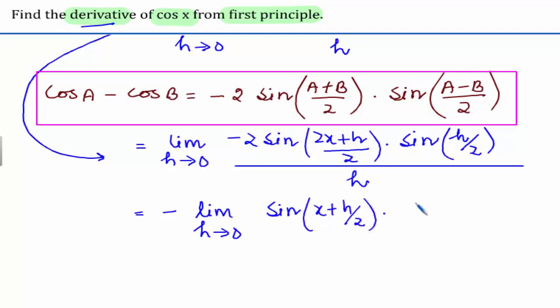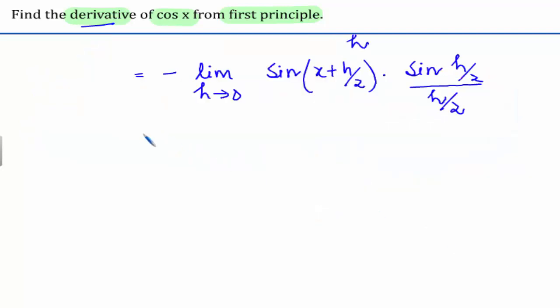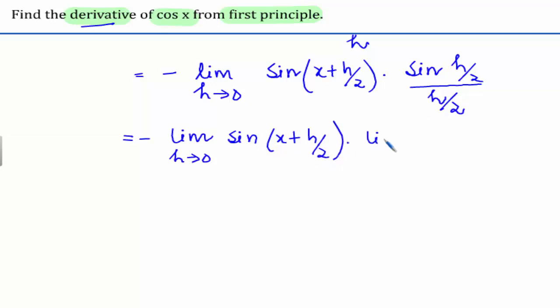This is further equal to minus limit h tends to 0 sin of x plus h upon 2 into limit. Since h tends to 0, therefore h upon 2 tends to 0. We have sin h upon 2 divided by h upon 2, and this is because limit of the product of two functions is the product of the limits of the functions.